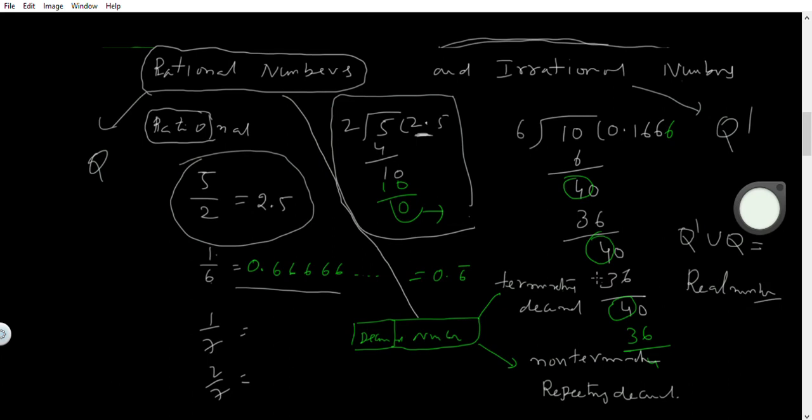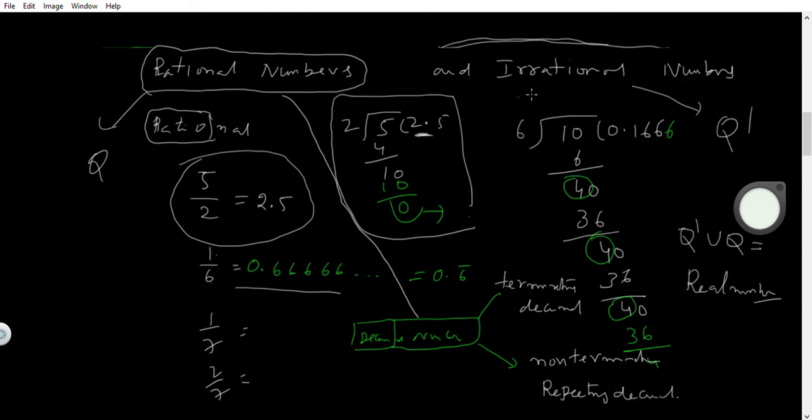Very, very important. Rational numbers mean the ratio between any two integers. This can be expressed as decimal numbers. Again, decimal numbers can be expressed as terminating or non-terminating repeating decimals.